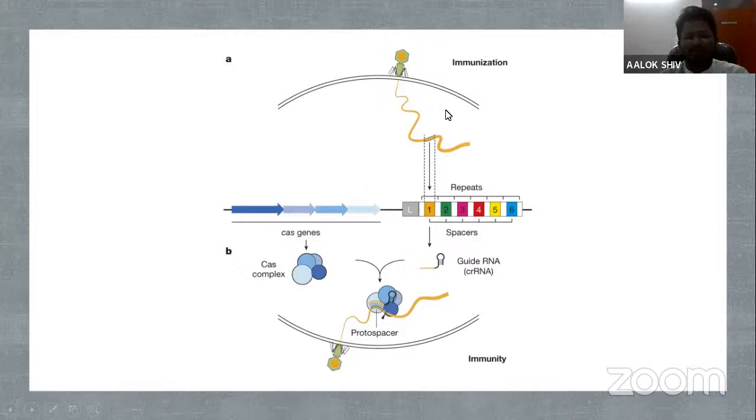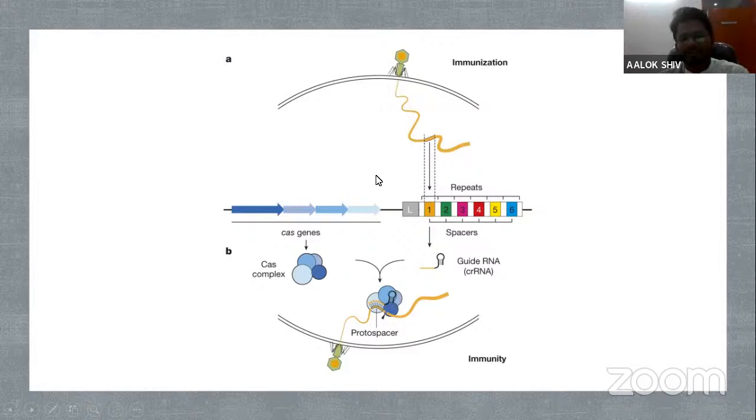You know what used to happen earlier. You know that there are bacteriophages, right? Those are the viruses which attack bacteria. So what happens when the virus attacks the bacteria?